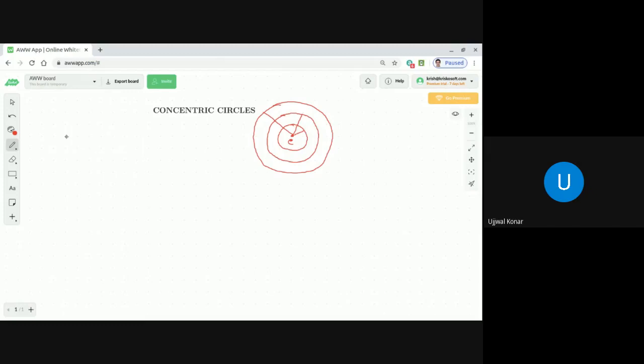If you recall, the general equation of a circle is what? x square plus y square plus 2gx plus 2fy plus c is equal to 0. That is the general equation of a circle. Now, in this general equation, what is the coordinate of the center?